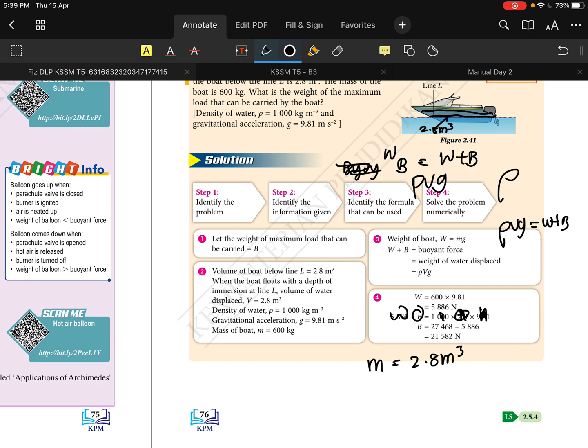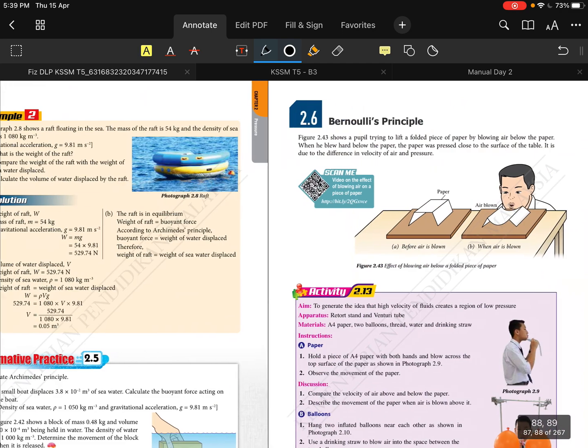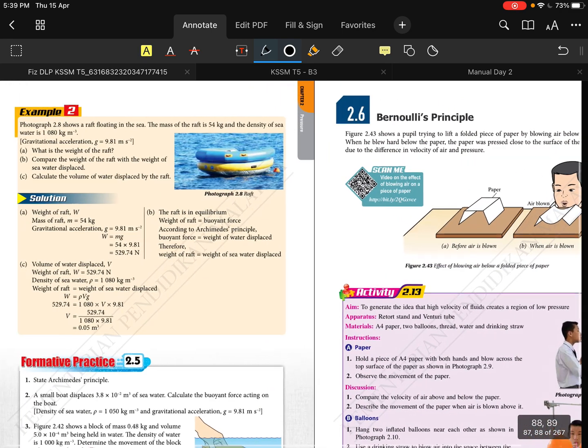So you can only decrease the volume. The lower the weight, the lower the volume needed. Since you want to find the maximum weight, you want to get it into the maximum volume, which is the white line, 2.8 meter cube. I hope that's understandable.